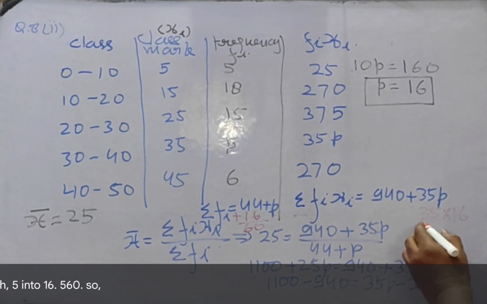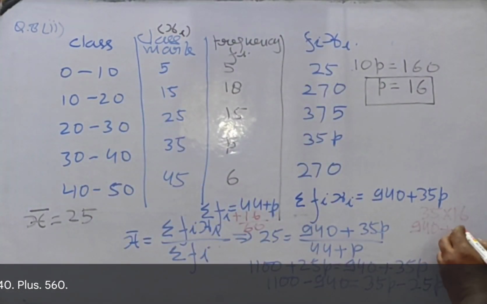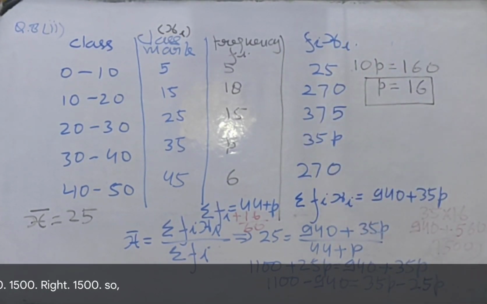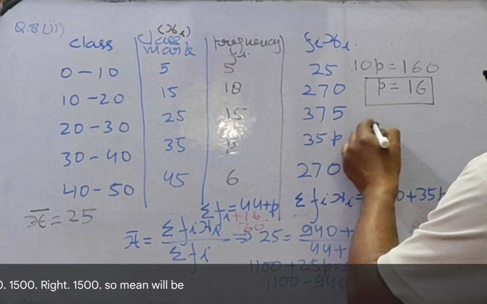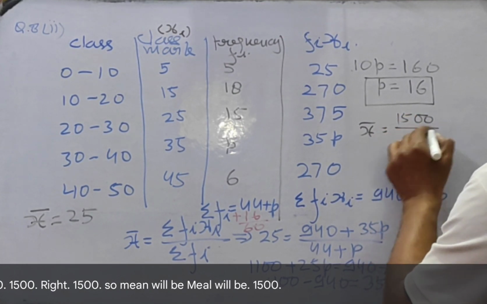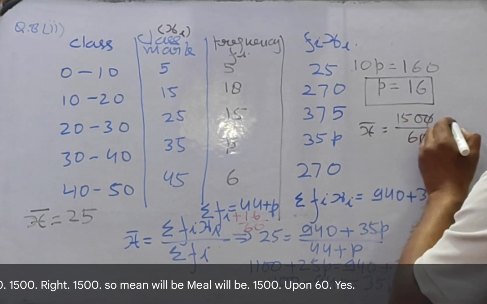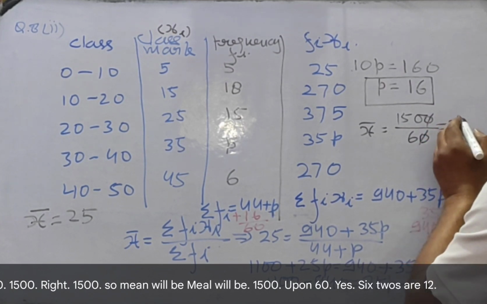So 940 plus 560 is 1500, right? So the mean will be 1500 upon 60, which is 25.